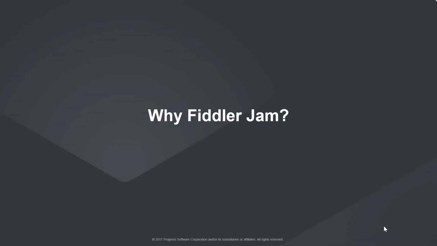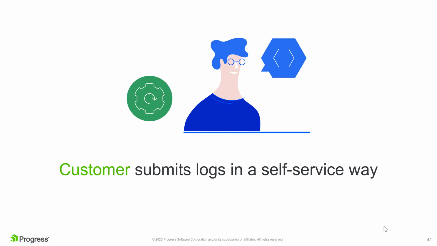All right, now let's look at why and how Fiddler Jam can help. For end customers, it provides a seamless experience to submit logs in a self-service way. It reduces the friction for your customers and removes the barrier to submit logs in 3 simple steps.